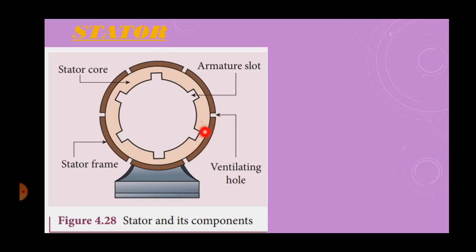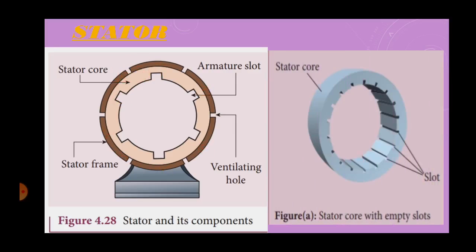This is the outer frame used for holding the stator core and armature winding in proper position. The stator frame provides ventilation with the help of the holes provided in the frame itself.